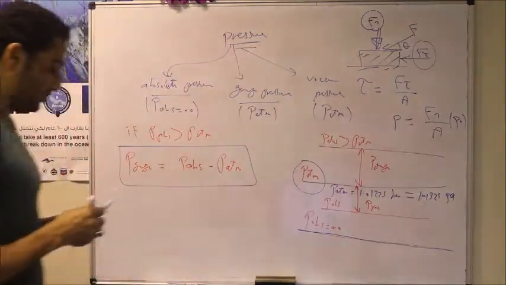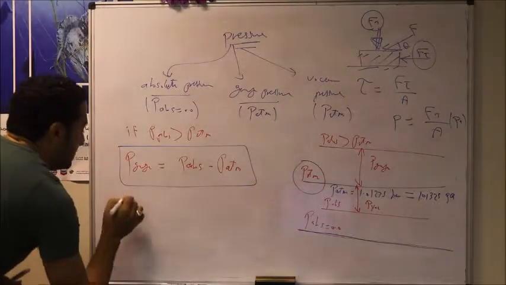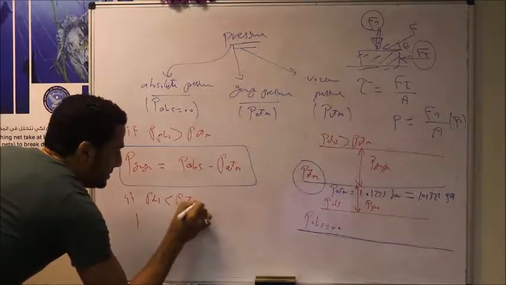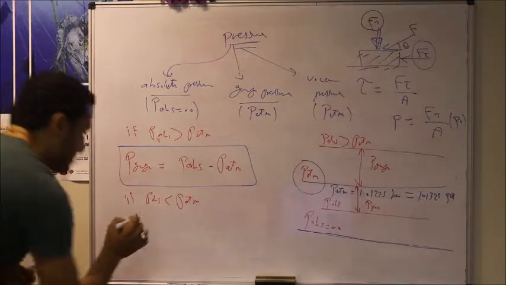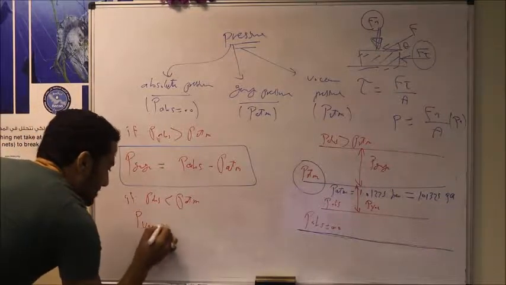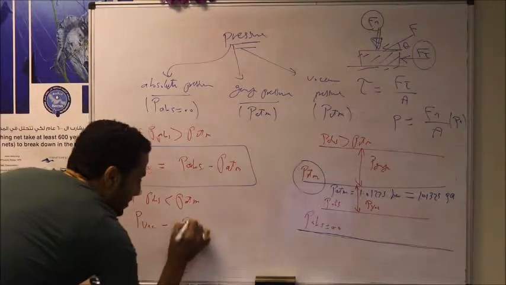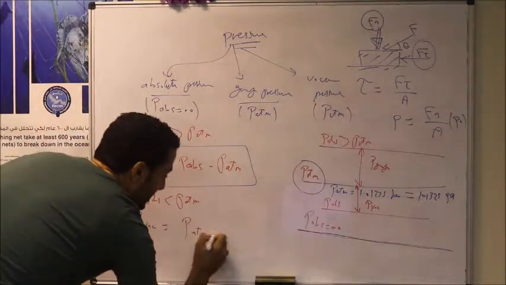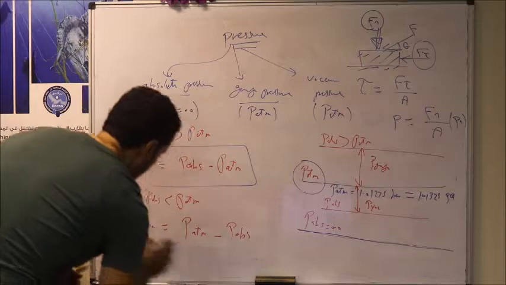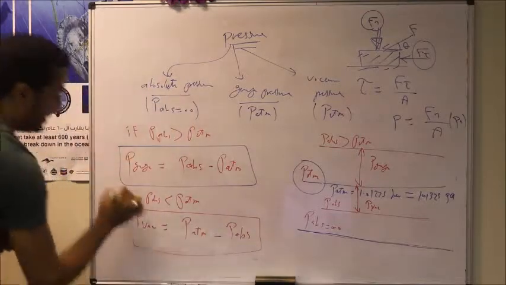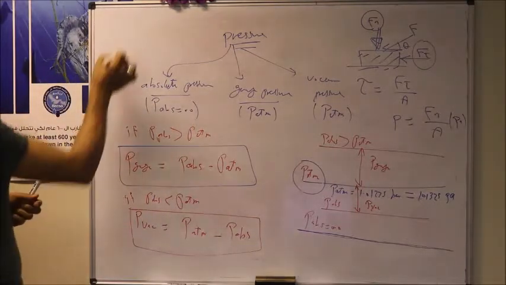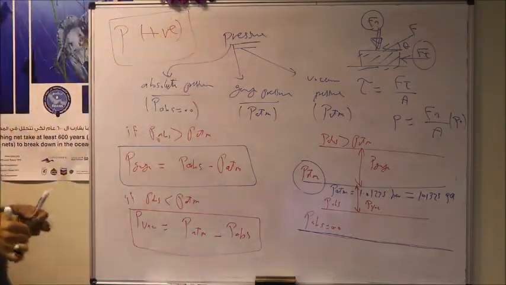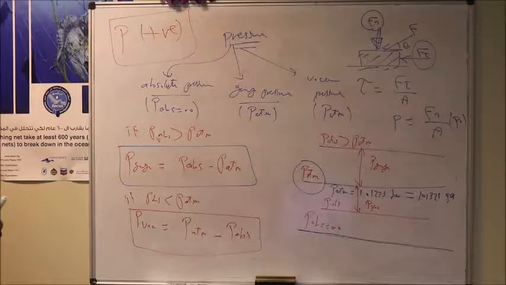So P vac, or P vacuum: if P absolute is less than P atmospheric, in some cases we call this pressure the vacuum pressure, and it is equal to the difference between the atmospheric pressure and the absolute pressure. But in all cases, you have to keep in mind that pressure is always a positive value. We cannot have a negative pressure.